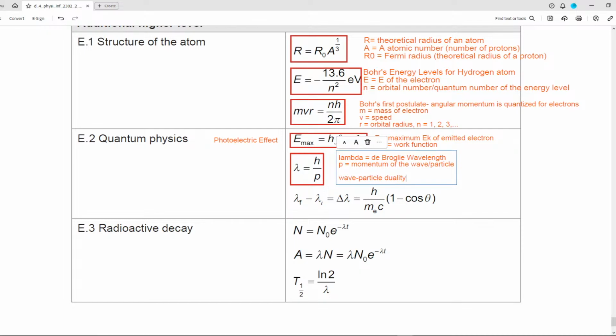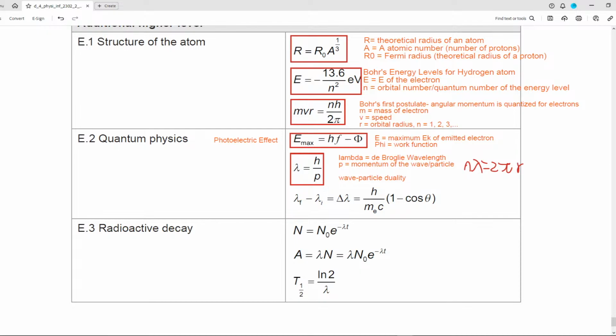resulting in a very interesting de Broglie postulate, saying that the only wavelengths that can exist in an atom have to fit 2 pi r.